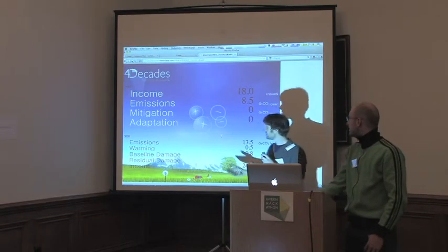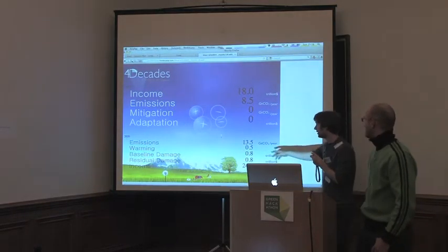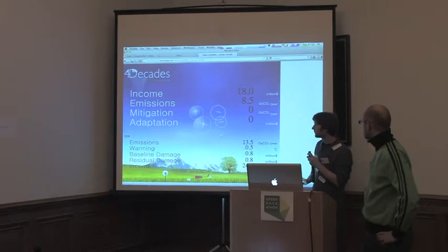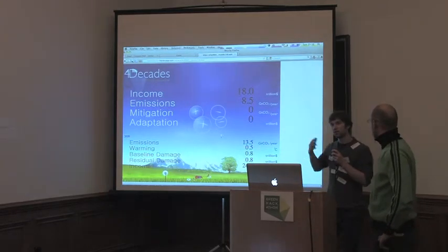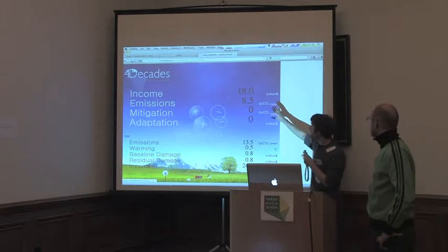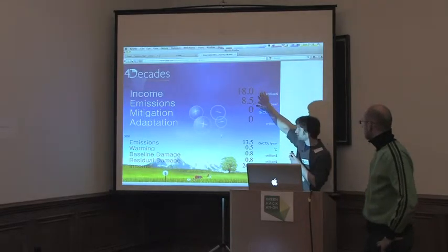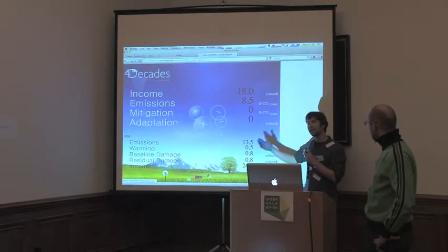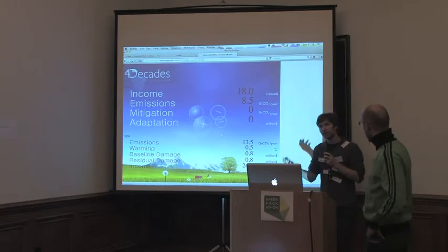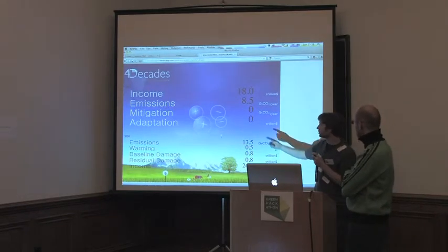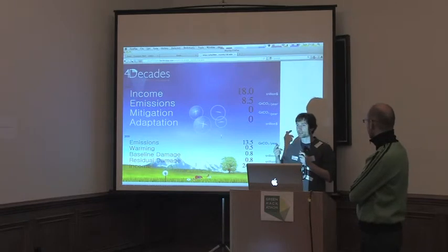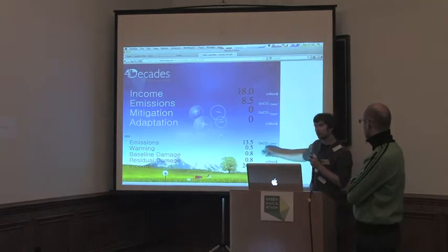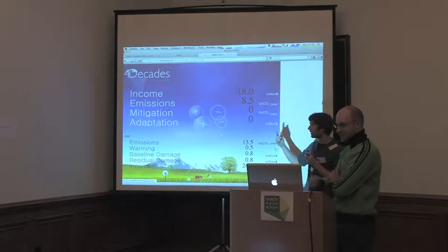Mitigation reduces the emissions and hence the warming, while adaptation is trying to deal with the warming. You've got the current numbers of income and emissions, and a prediction of how the next decade is going to be. Once every team has decided, the teacher goes to the next round and the year jumps 10 up.